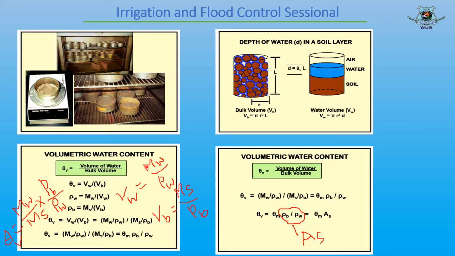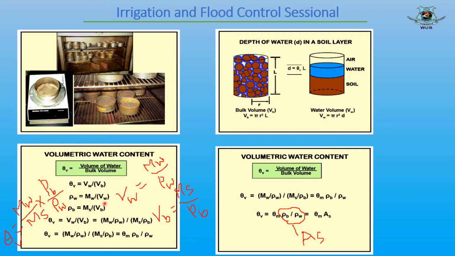Volumetric water content. We know volumetric water content theta v equals the volume of water divided by the bulk volume. Here, the volume of water is Vw and the bulk volume is Vb. So theta v equals Vw divided by Vb. Now we know the density of water rho w equals the mass of water divided by the volume of water.